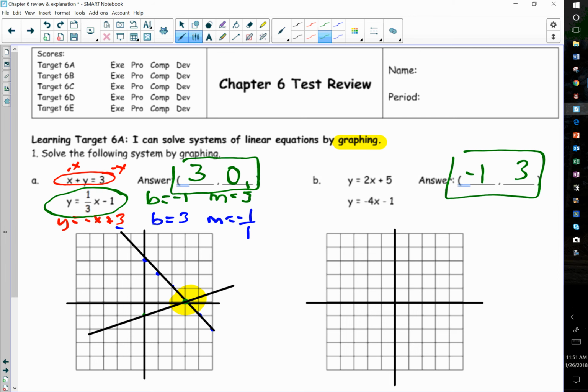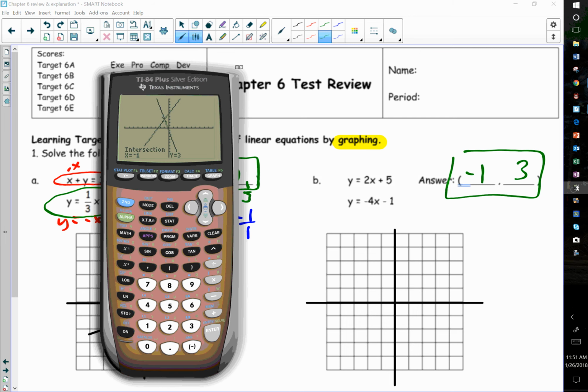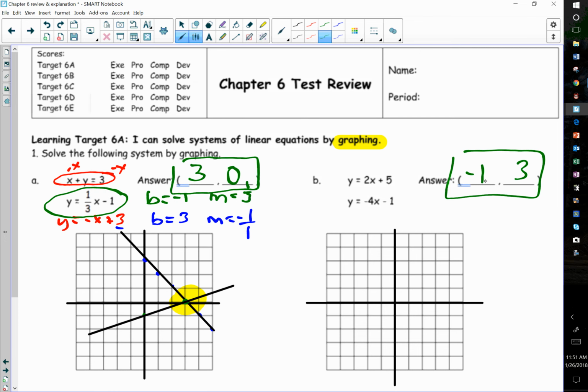Now you still need to give me a graph. So one way to do it would be to look at the calculator, figure out where they cross, and start with that point. They intersect at negative 1, 3. Negative 1, 3 is this point right here. The first equation has a slope of 2, so I could make another point for this equation by starting at the point of intersection and going up 2 over 1.